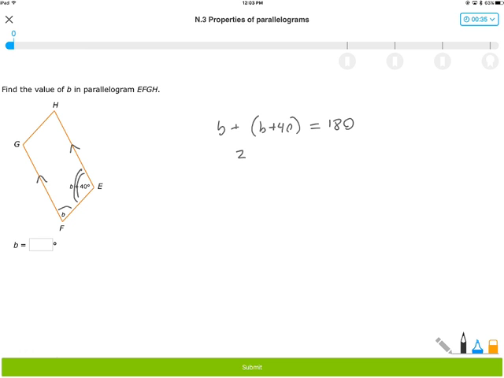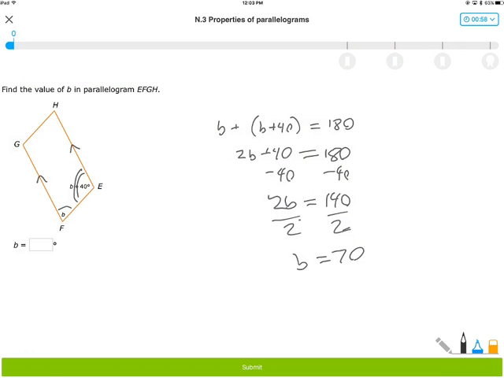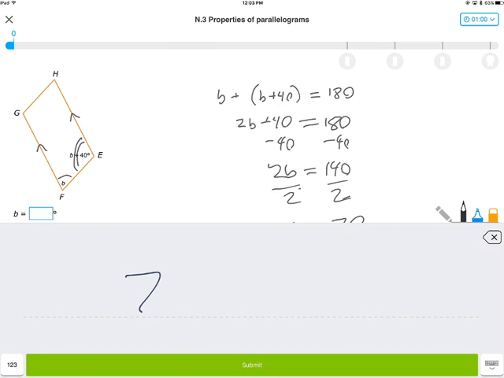So some algebra, 2B plus 40 equals 180. So subtracting 40, we get 2B is 140. Dividing by 2, we get B is 70. So down here it's submit. Oh, we got to put it in here. We get 70. Okay.